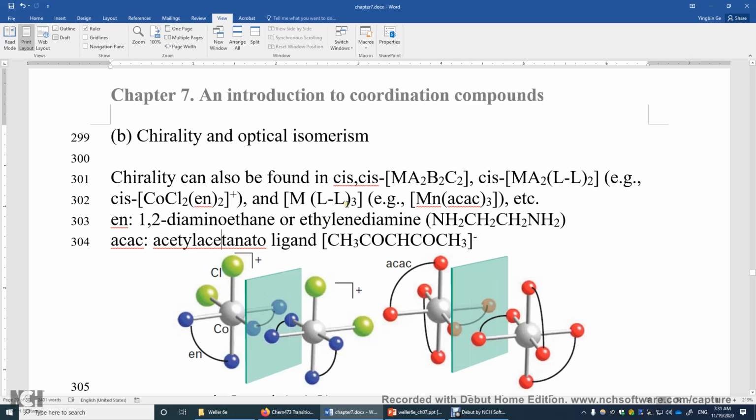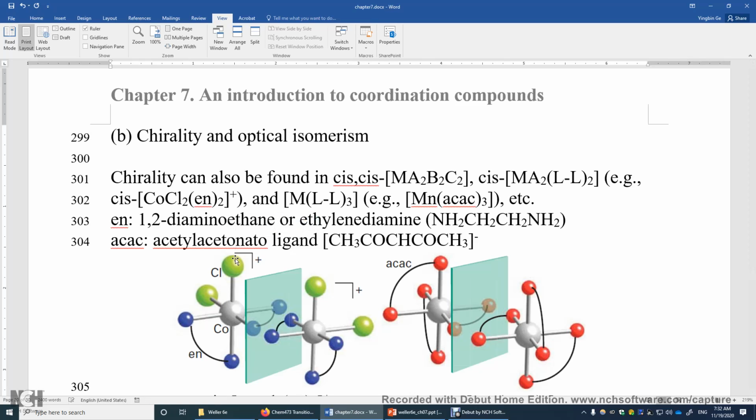There's another scenario. We can have 3 bidentate ligands bonded to the same transition metal. In this case, let's look at this example. We're using a different ligand here. ACAC stands for acetylacetonato.